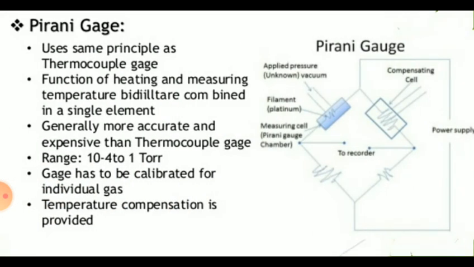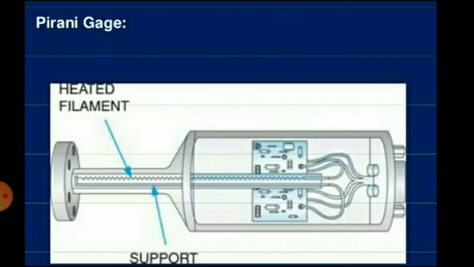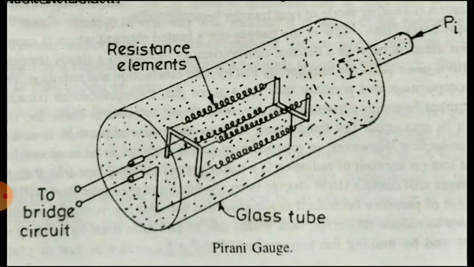Now the next gauge that is used for low pressure measurement under the category of thermal conductivity gauges is the Pirani gauge. So you can see the diagram of the Pirani gauge.